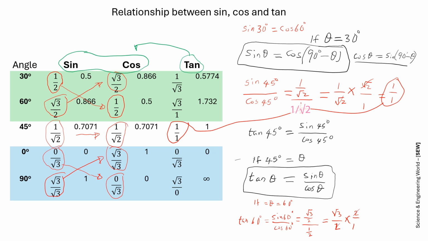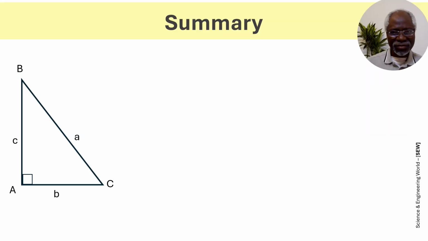And so we have root 3 over 1, which we can now see is the same as tan 60 degrees.